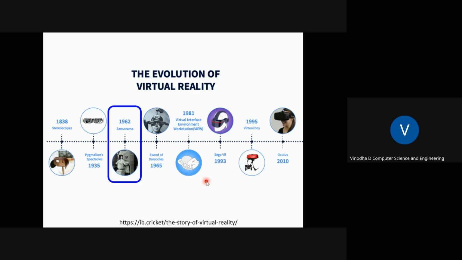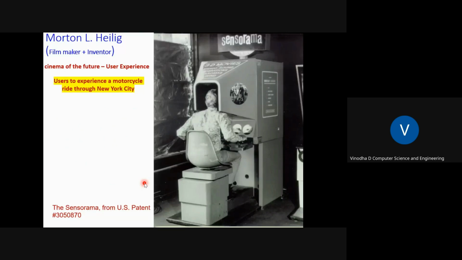Okay, so now quickly, as I said, I'm going to spend some time on the Sensorama, which is very interesting. You can see this is a US patented technology from the 1960s, and this is the actual hardware. The user will be made to sit here, and the inventor, Morton Heilig, is primarily a filmmaker, and he wears another hat as an inventor.